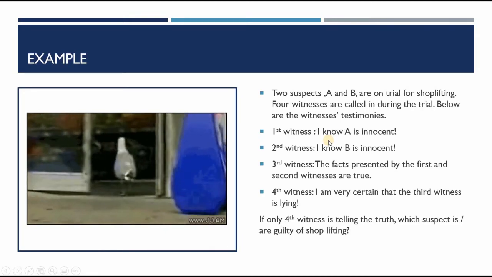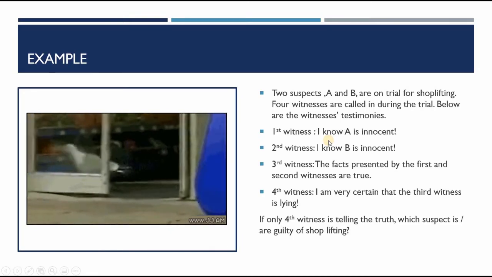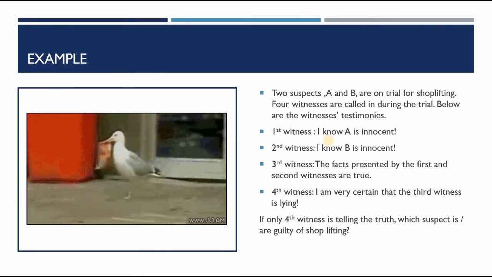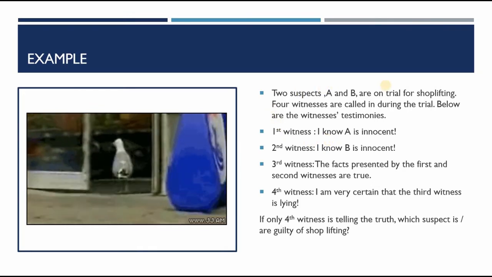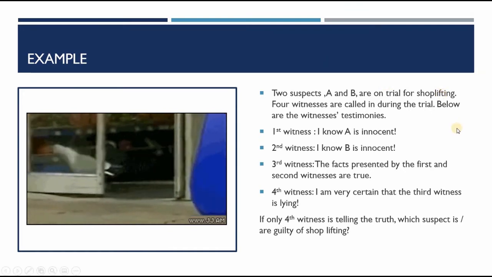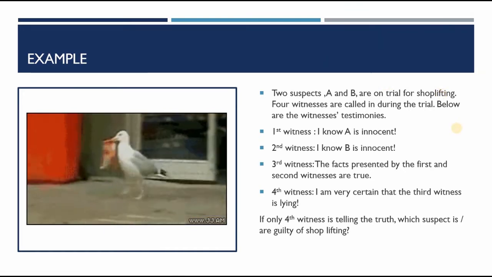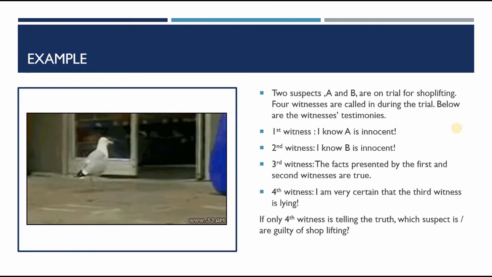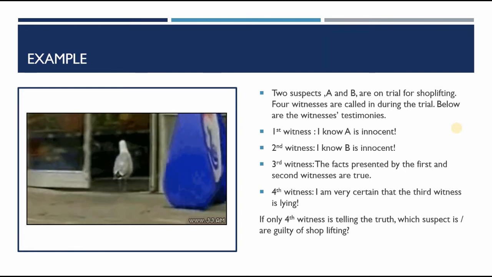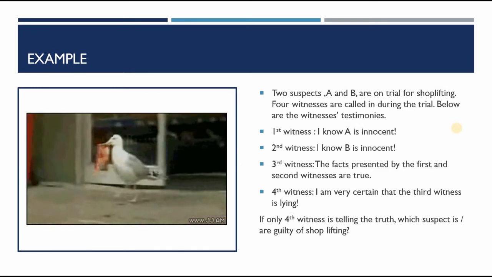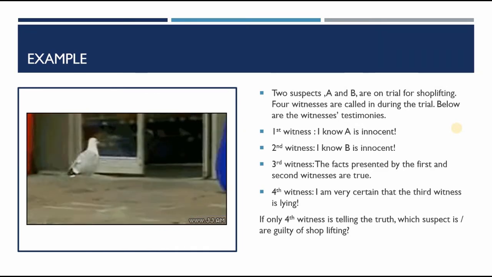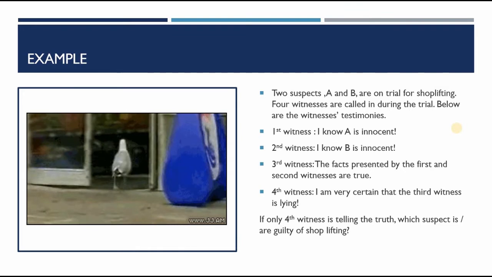Two suspects, A and B, are on trial for shoplifting. Four witnesses are called in during the trial. Below are the witnesses' testimonies. First witness: I know A is innocent. Second witness: I know B is innocent.